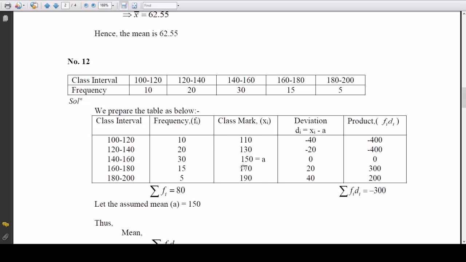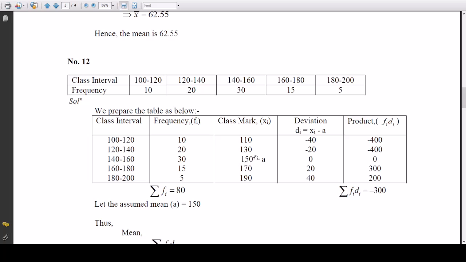Now out of these class marks that we have got, we will take any one from here and assume it to be the mean. From 110 to 190, you just assume the mean to be 150.